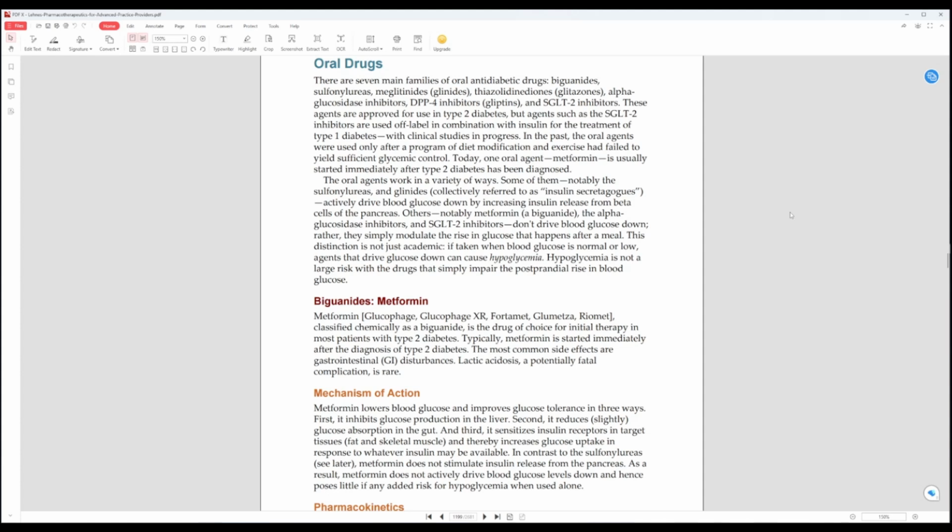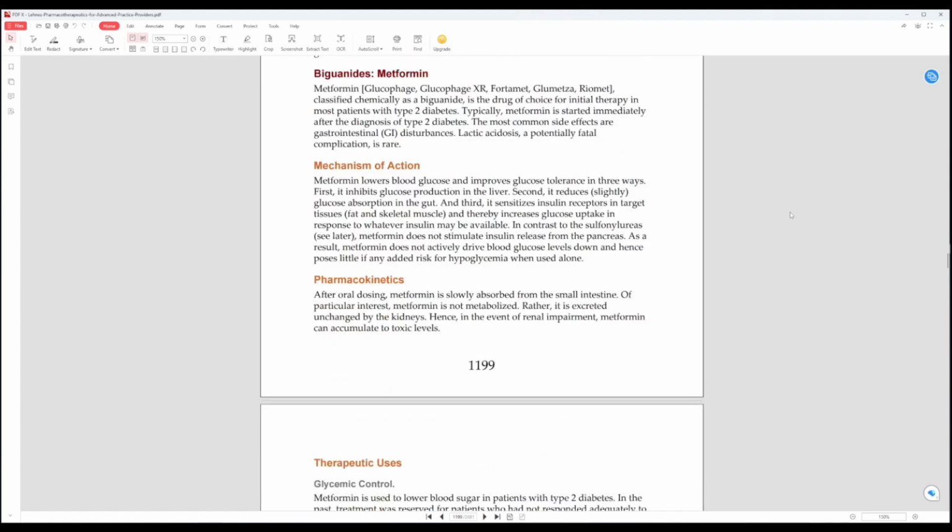Rather, they simply modulate the rise in glucose that happens after a meal. This distinction is not just academic. If taken when blood glucose is normal or low, agents that drive glucose down would cause hypoglycemia. Hypoglycemia is not a large risk with the drugs that simply impair the postprandial rise in blood glucose.